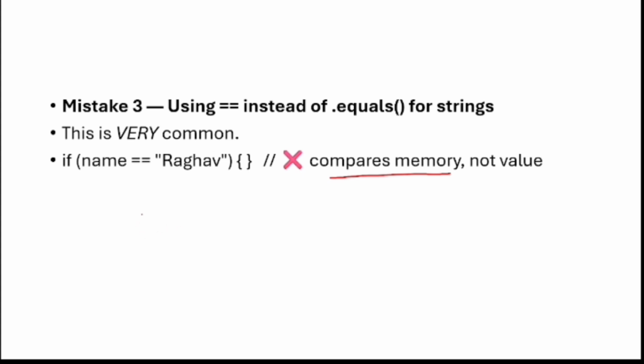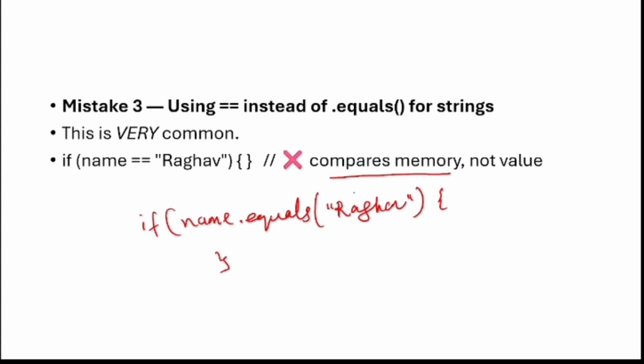So in order to compare the string value, you should write if name.equals, and inside that you need to provide the string, with opening and closing parentheses. So name.equals is there, not ==.